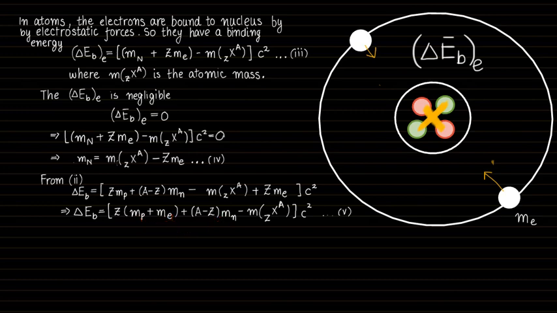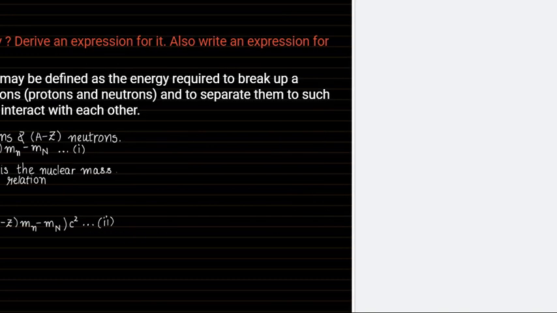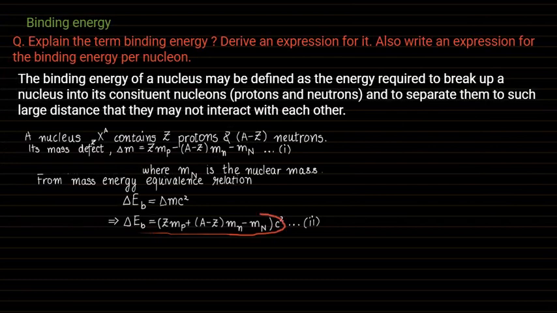Apart from this, they also give the atomic mass. Even if they have not given the atomic mass, you can always write this atomic mass yourself. So to solve the numericals, we will use mostly this expression instead of this one, because in questions they don't give the nuclear mass.